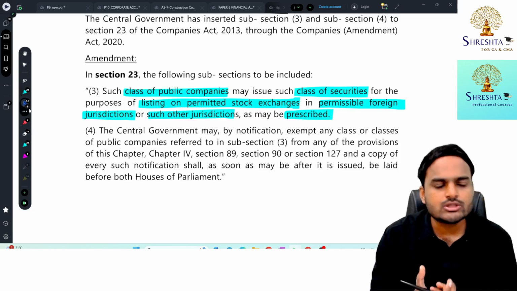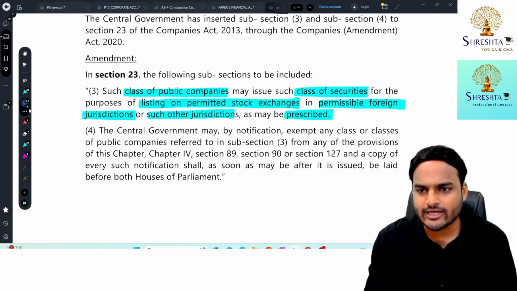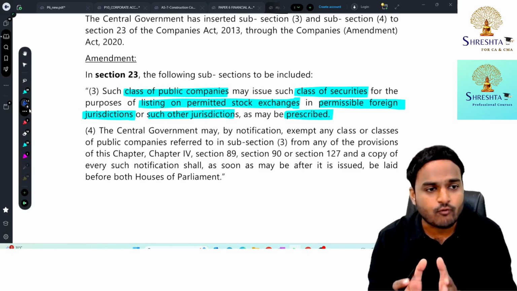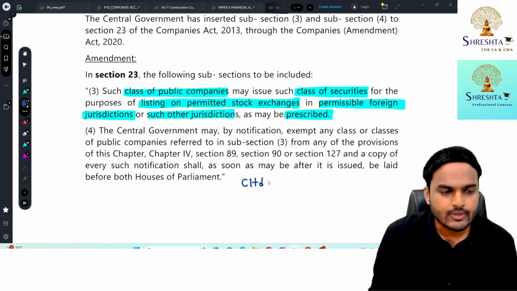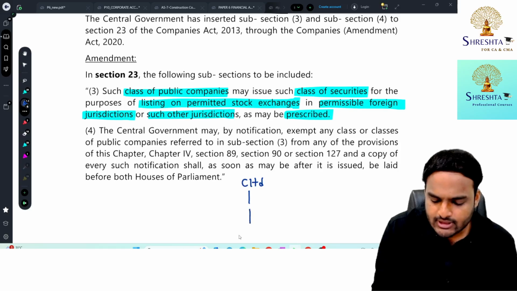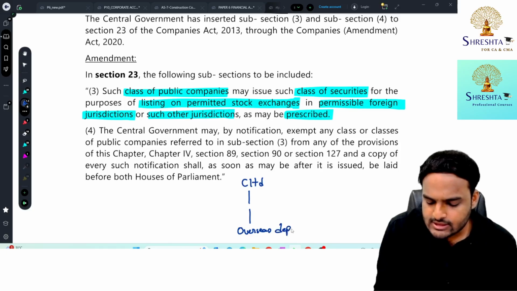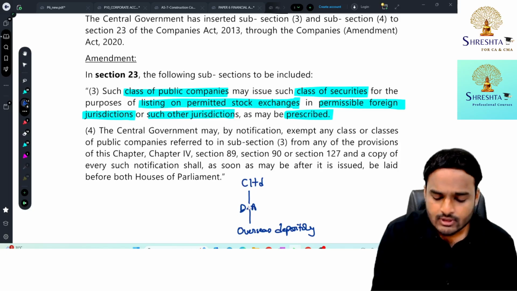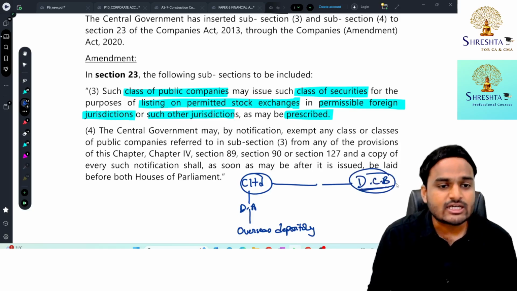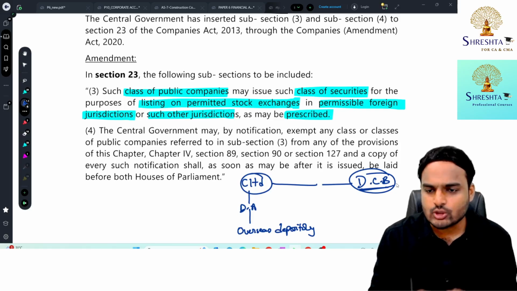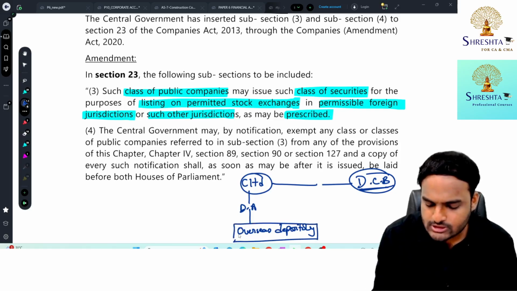Previously, if a company wanted to issue securities in a foreign country, they needed to follow section 42, global depository receipts. So Indian company C Limited will enter into an agreement with an overseas depository. This is a depository agreement. C Limited will issue shares to a domestic custodian bank, which will hold these securities on behalf of the overseas depository.